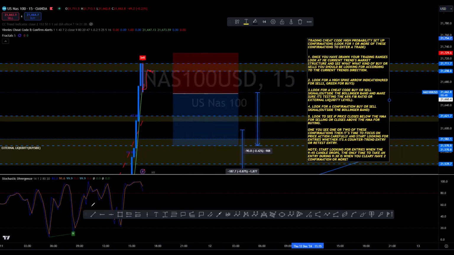Wonder if it's going to come up and test the sell. That's not going to actually look good. Three, two, one.